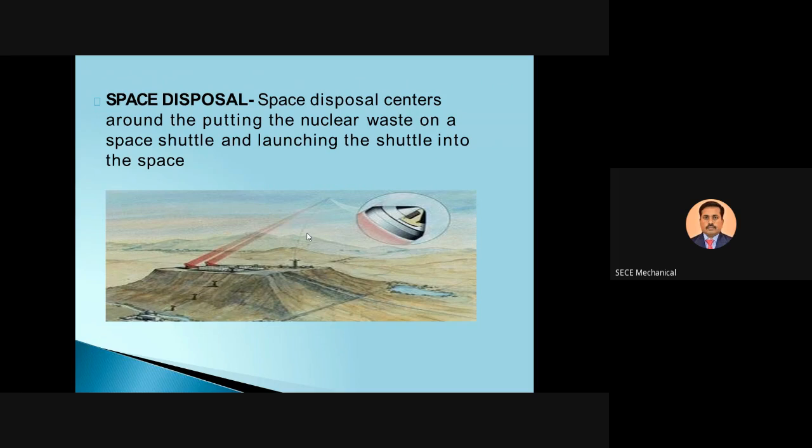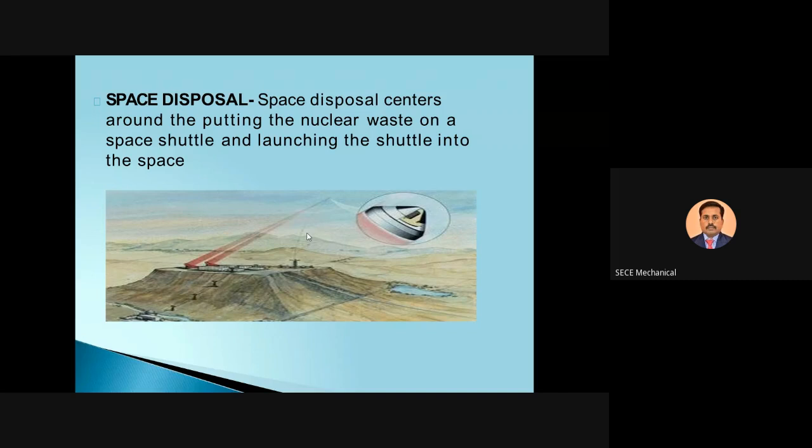What is meant by space disposal is nothing but a space disposal center. So apart from the earth surface, we have to export nuclear material to space. Suppose in space no human is there, so we have to dispose the nuclear waste to space.